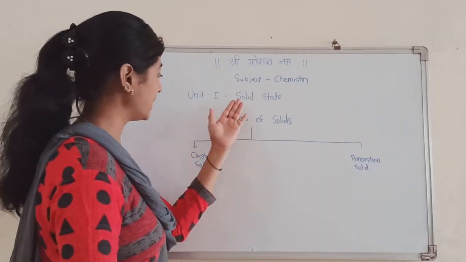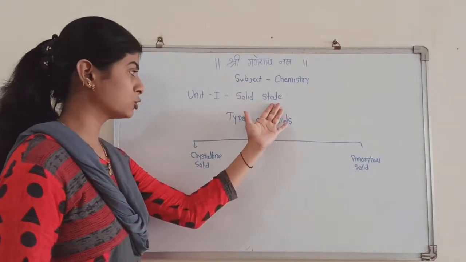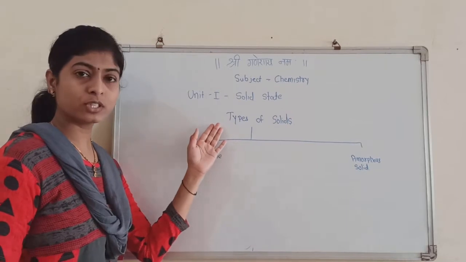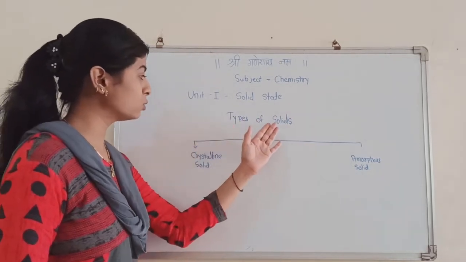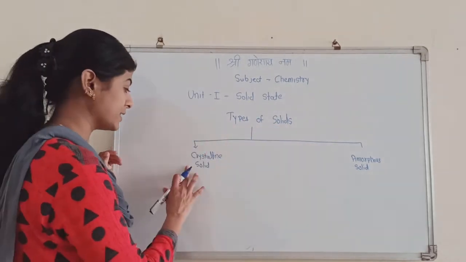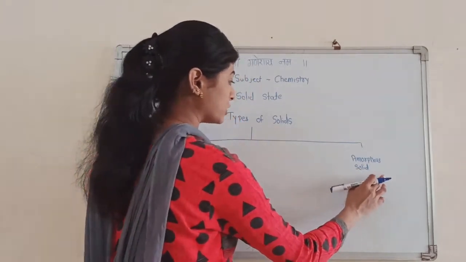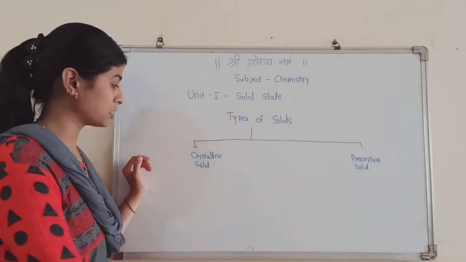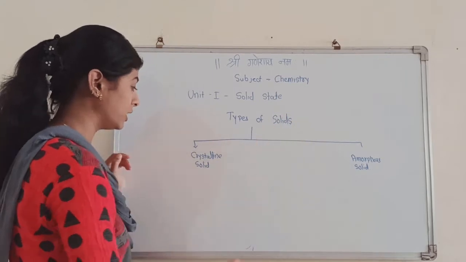Now our unit name indicates solid state, so we are going to study solids. Now there are 2 types of solids, that is crystalline solid and amorphous solid. Now how can we distinguish crystalline solid and amorphous solid?